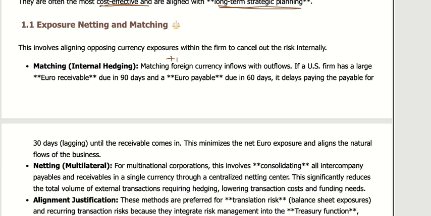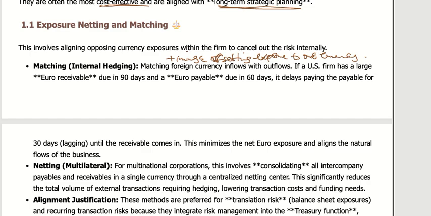You are matching the timing and offsetting exposures to one currency.